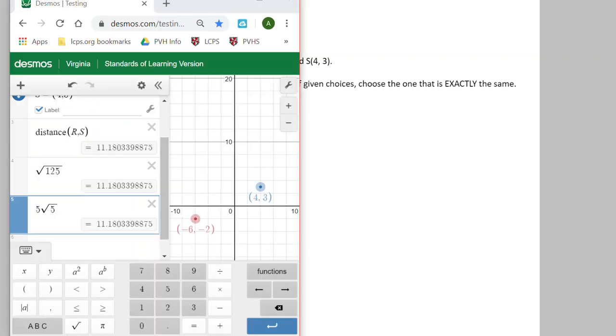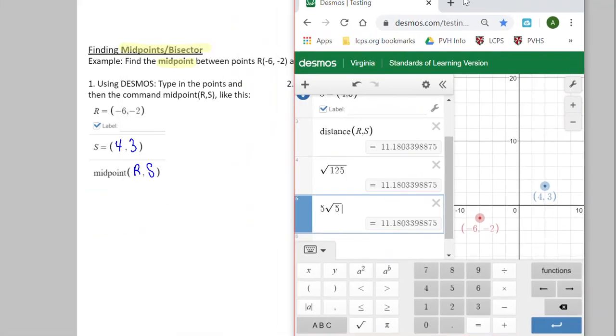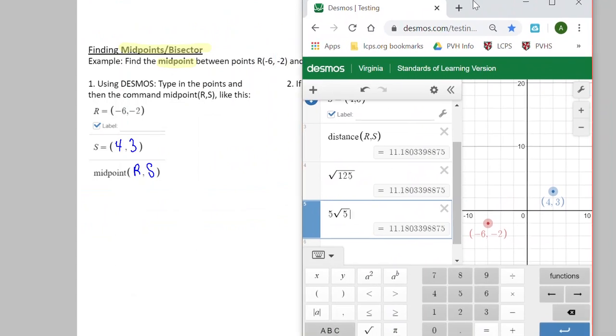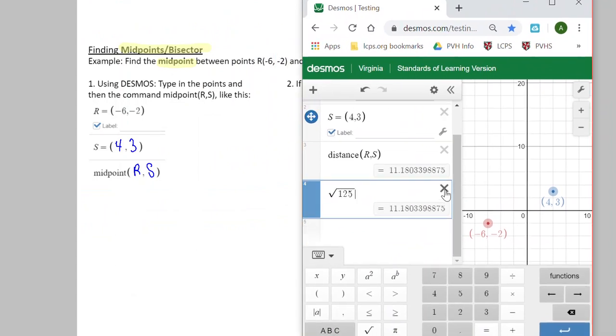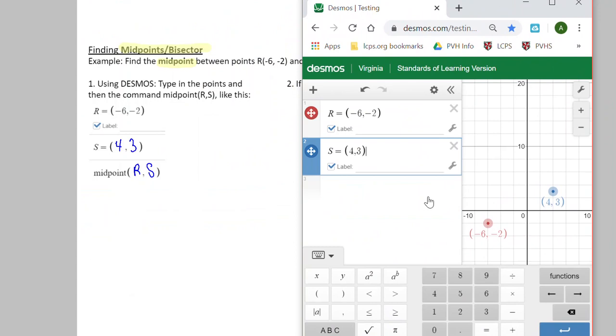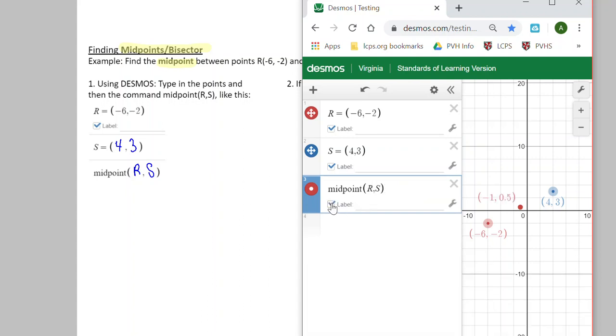So going back to my Desmos calculator, I can get rid of the cells that I don't need, these computations from before. I have those points, and now I'm going to type midpoint. That's what I'm looking for. Even if it says bisector, I'm typing midpoint, R, S, and then I want to click Label.